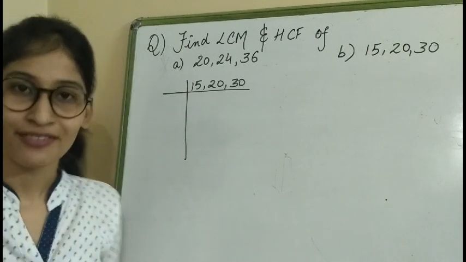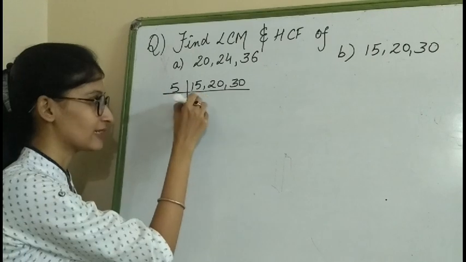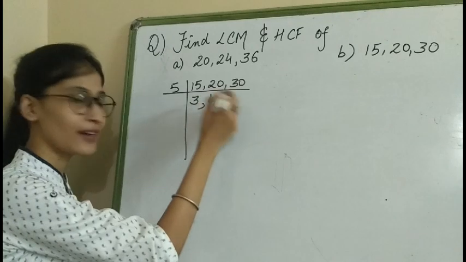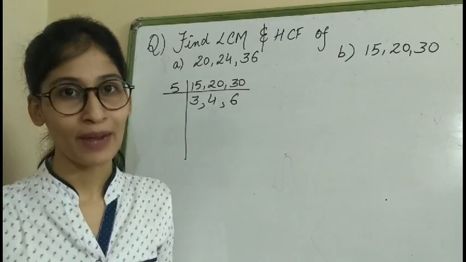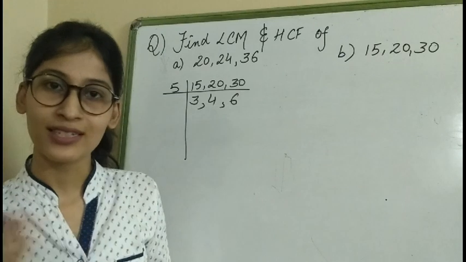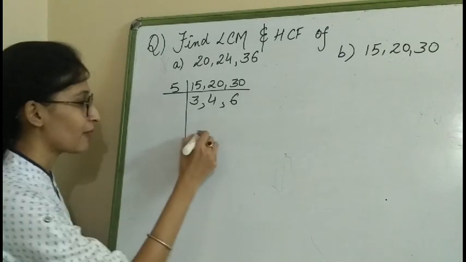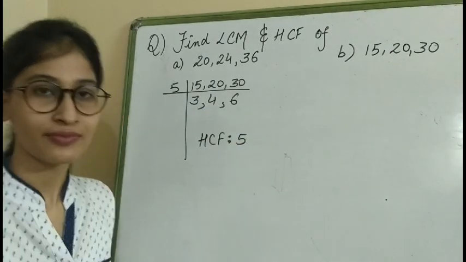My number will be 5. On dividing 15 by 5, I will get 3. 20 divided by 5, 4. And 30 divided by 5 will be 6. Now, is there any possible prime number which can divide 3, 4 and 6 together? No. So, we have to stop here, and my HCF here will be 5.